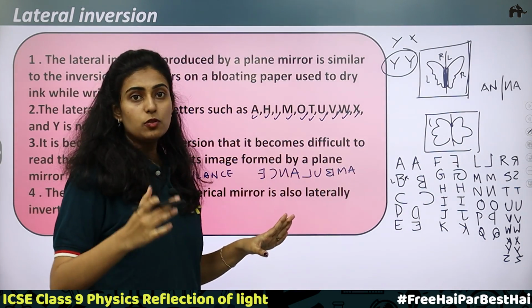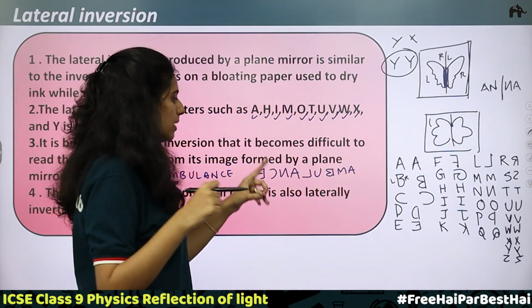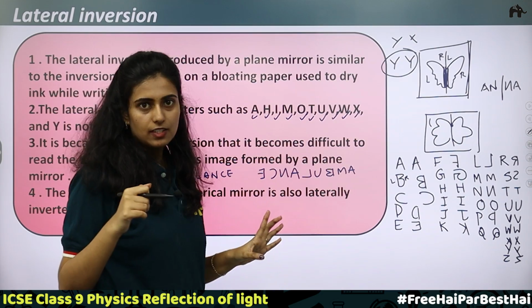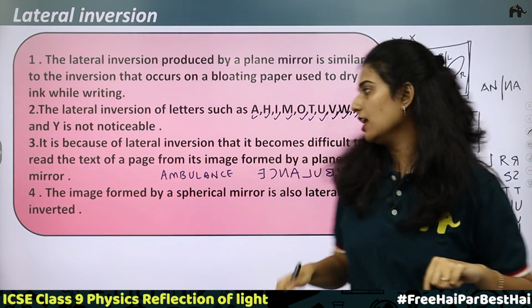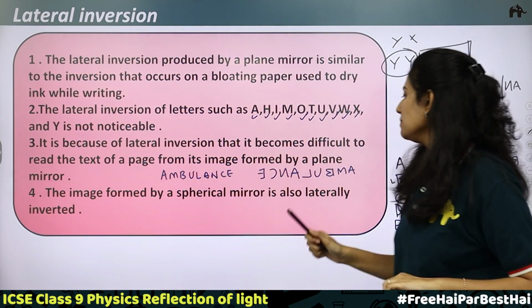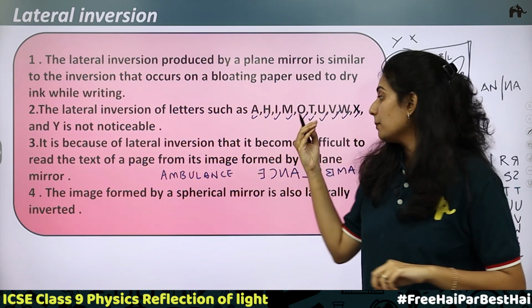Only then you will be able to read ambulance on the plane mirror. Clear? The left and right will be shifting. Understood? So, this is the third property. Next, the image formed by a spherical mirror is also laterally inverted. So, this is all the case about plane mirrors.